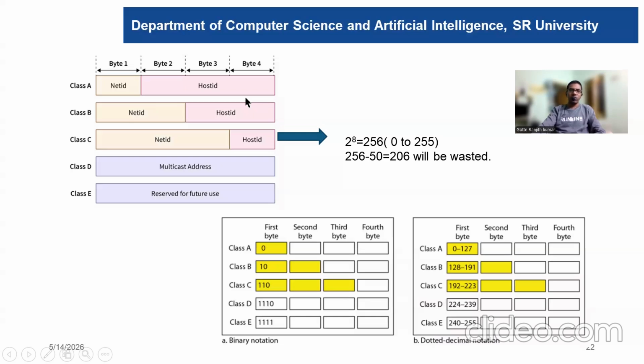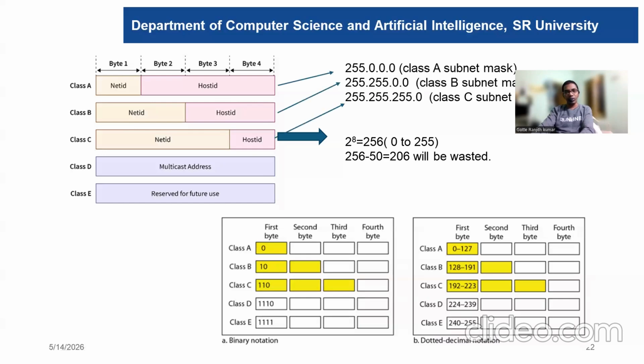Coming to the subnet mask, the subnet mask represents which part of the IP address is the network address and which part is the host address. In classes A, B, and C, the network address part and host address part are fixed and cannot be changed. For example, class A has the first byte as the network address and the remaining 3 bytes as the host address.